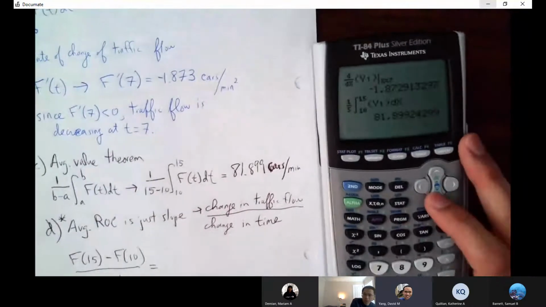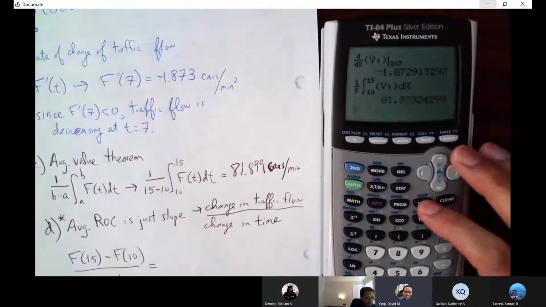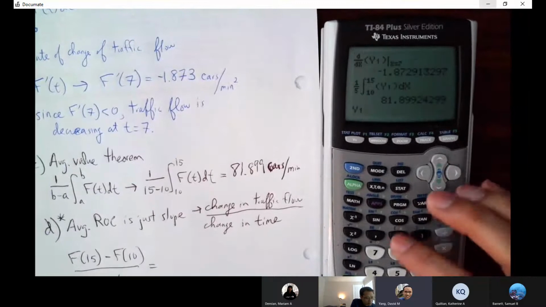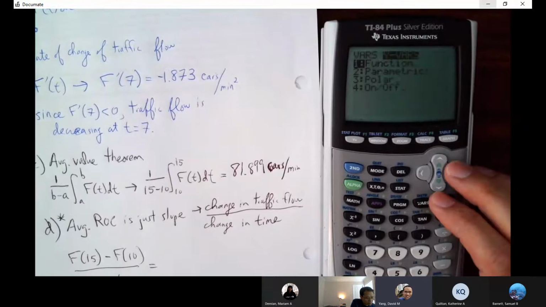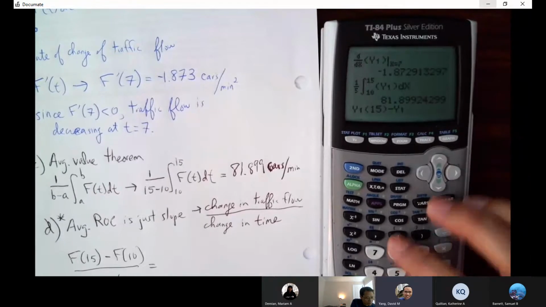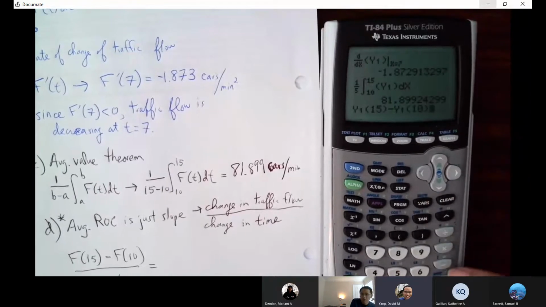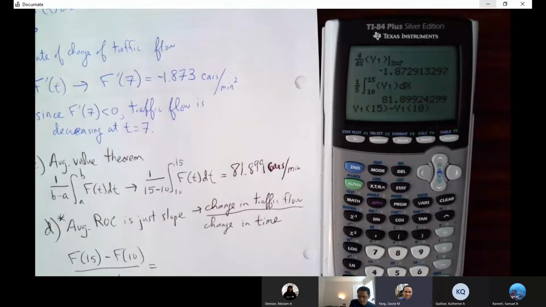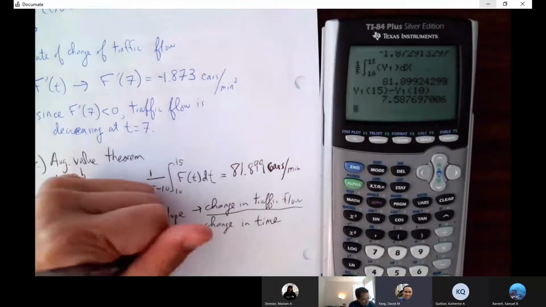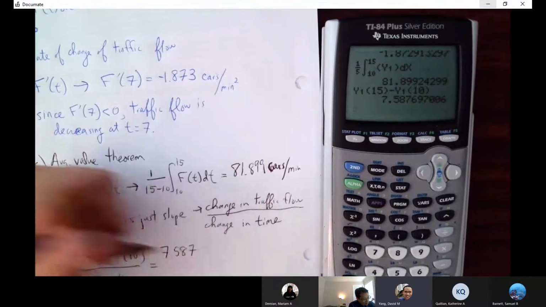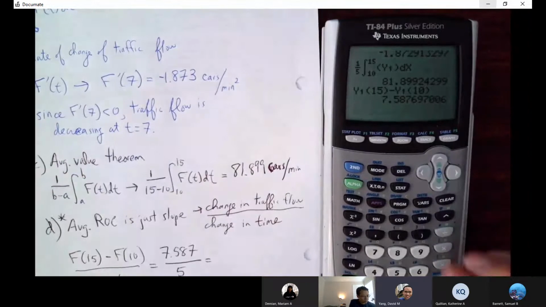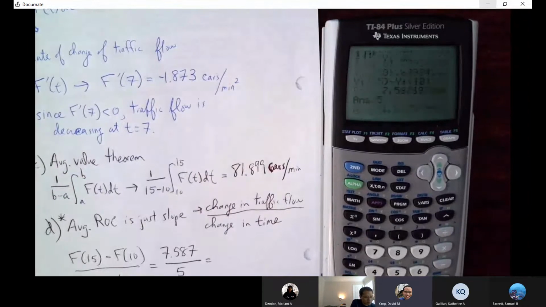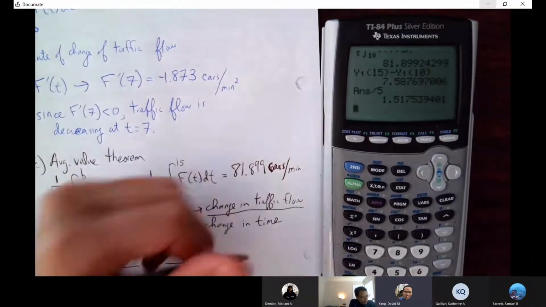So I have y1 holding my traffic flow expression. f of 15 minus f of 10 gives me 7.587, divided by 5, 1.517.